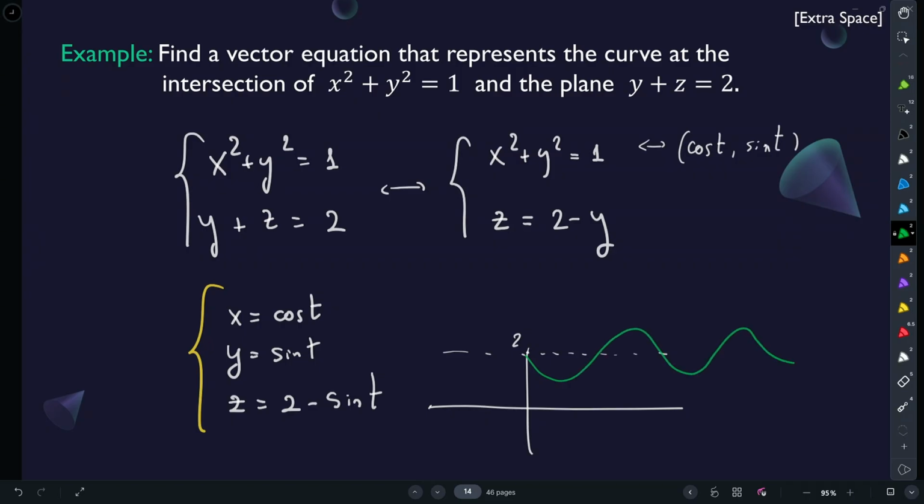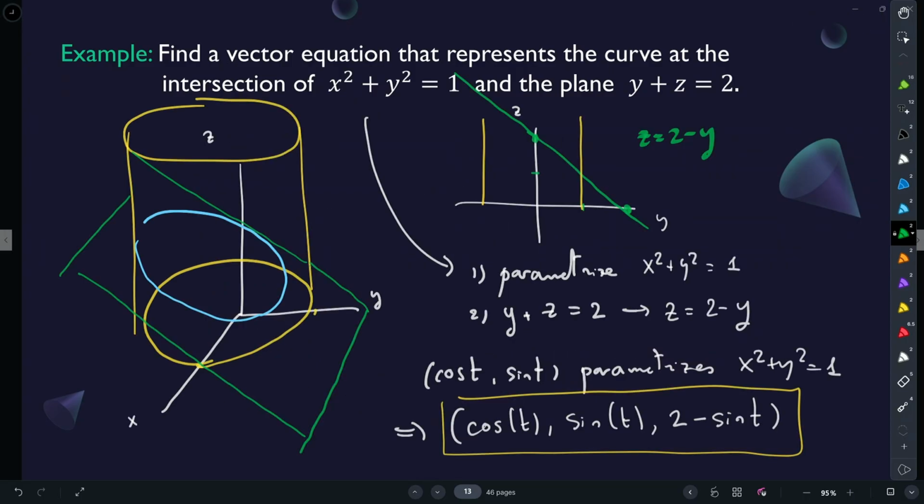Okay? So the z coordinate is going up and down by 1. The amplitude of this wave is 1 because it is the sine, right? The sine values are between minus 1 and 1. So it goes as low as 1 and as high as 3.